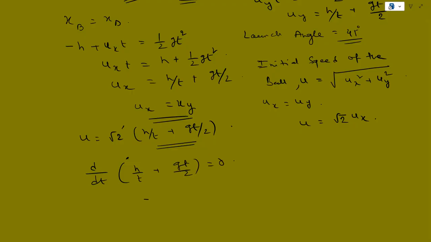Thus we can say g by 2 is h by t squared. Therefore t is root over of 2h by g. Now substitute back.